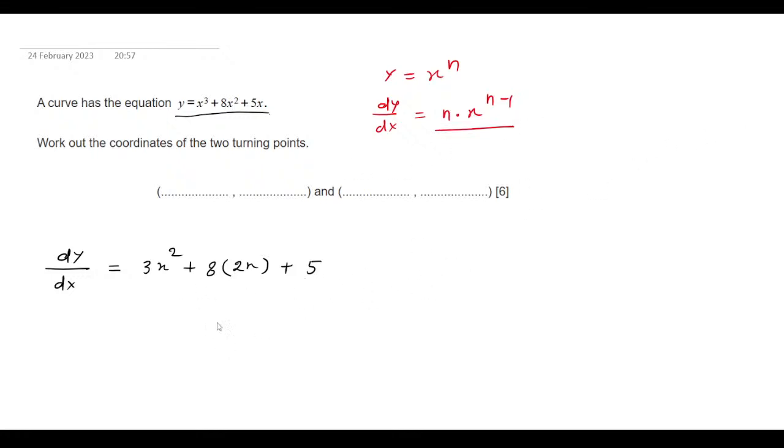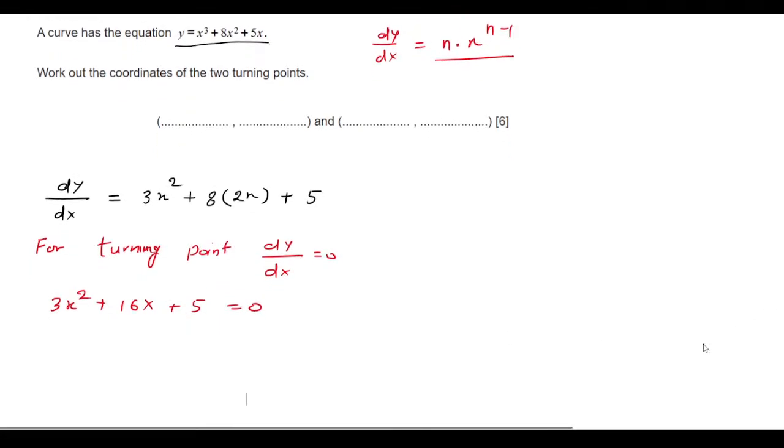Now for turning point, this dy by dx is 0. So it indicates that 3x squared plus 16x plus 5 equals 0.